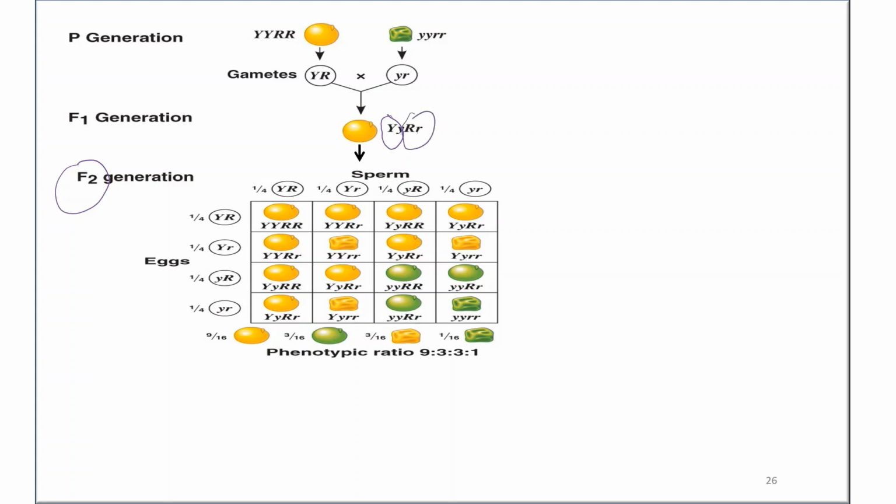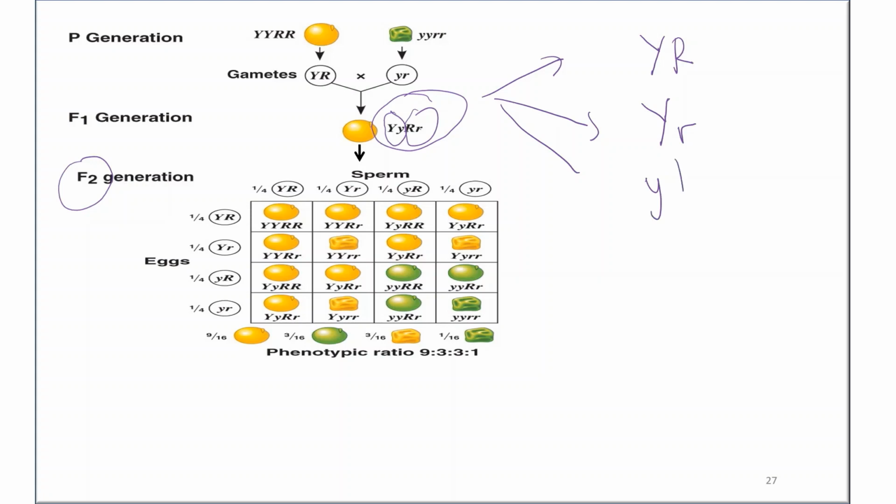For this heterozygous genotype with 4 different alleles, 4 different gametes will be produced: capital Y capital R, capital Y small r, small y capital R, and small y small r. Each type of gamete will be produced in the amount of 25%, or 1/4 each.